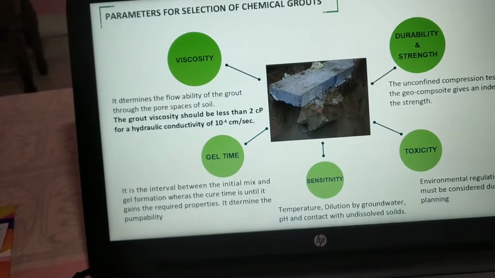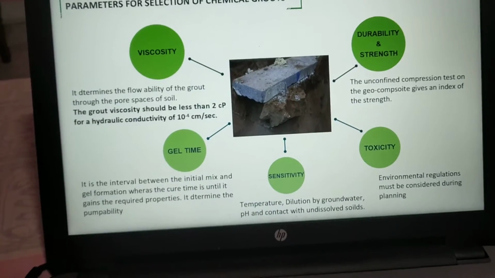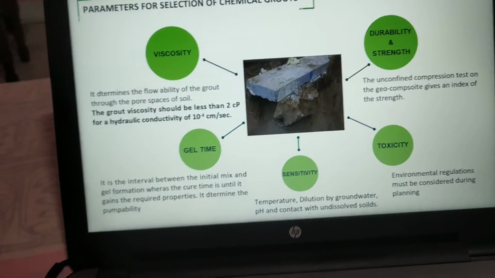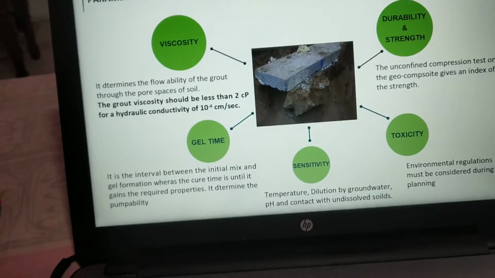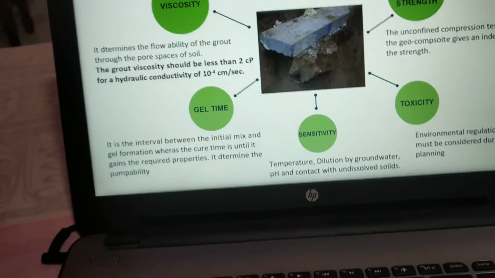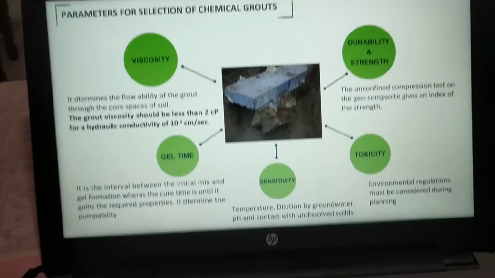Coming to durability and strength, as I told earlier, the chemical grouts are highly sustainable in even the harshest climatic conditions. So they are highly durable, but we have to consider which compounds are highly durable.